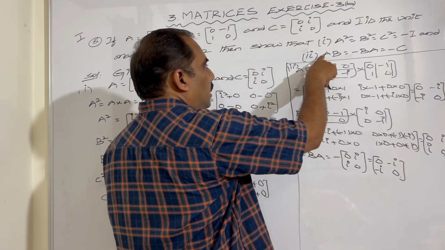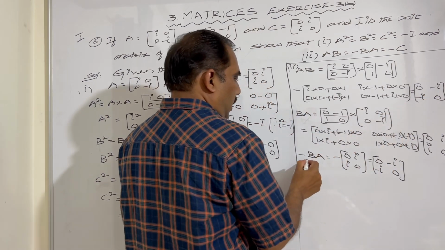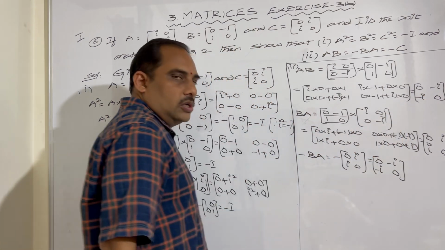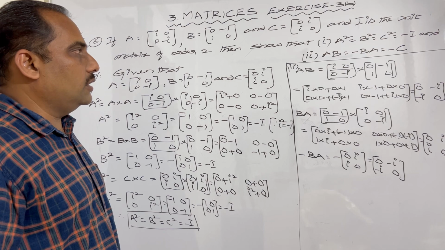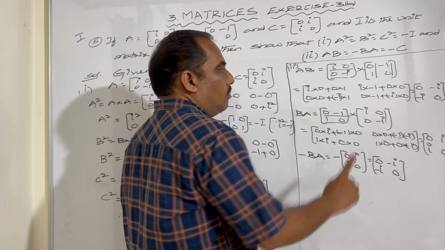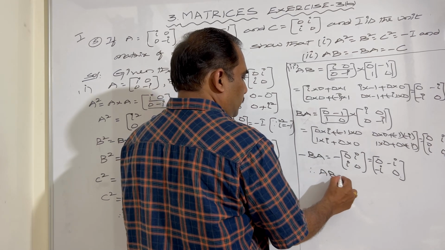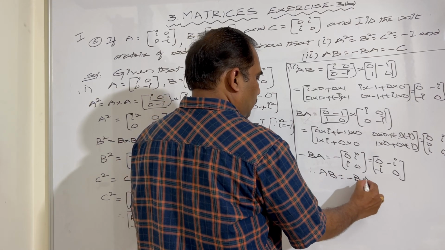Observe here, AB we get 0, minus i, minus i, 0, and minus BA is 0, minus i, minus i, 0. So that's why we can write AB is equal to minus BA. Therefore, AB is equal to minus BA.